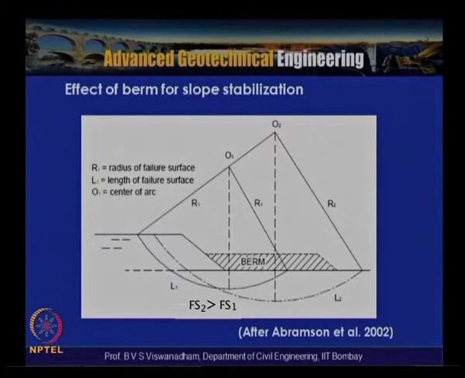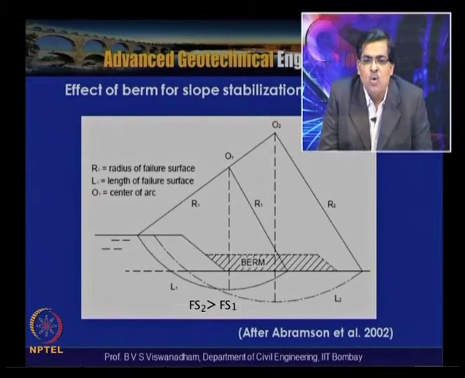By providing a berm, the center of the arc shifts to O2 and the radius of the arc becomes R2, which yields a factor of safety Fs2, which is more than Fs1. So the provision of the berm helps in enhancing the stability of a slope.